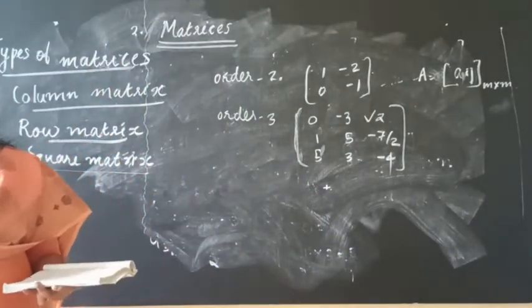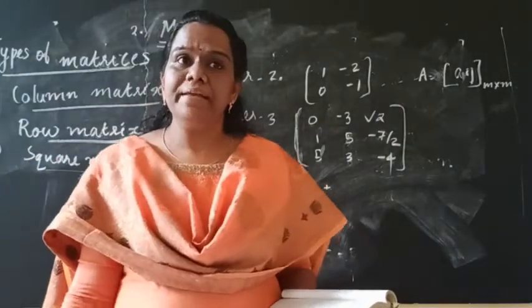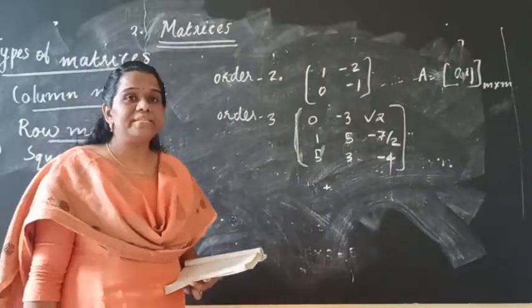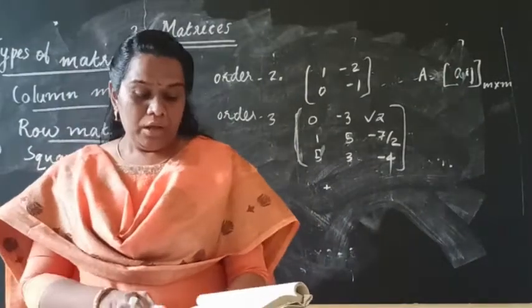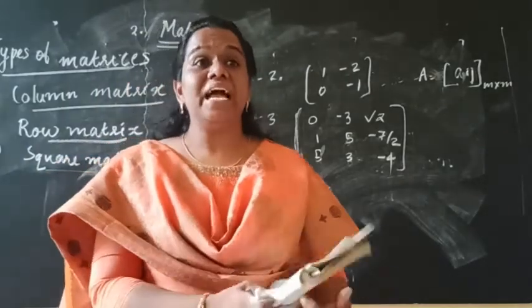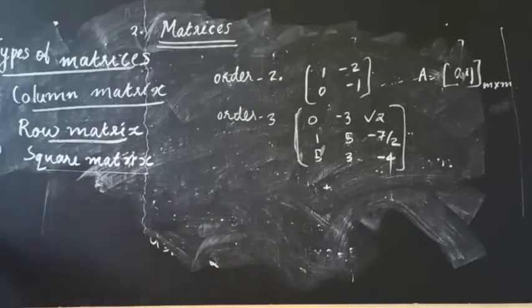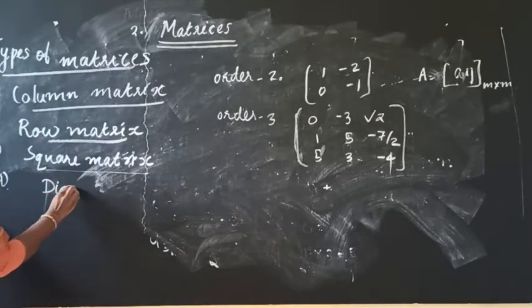We usually write n. Here it is m because we first write m. These are square matrices of order m. I hope you understood all these types of matrix. Next is diagonal matrix. Column matrix, row matrix. The fourth type of matrix is diagonal matrix.